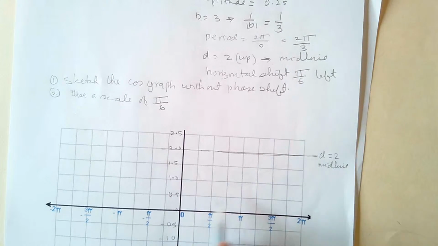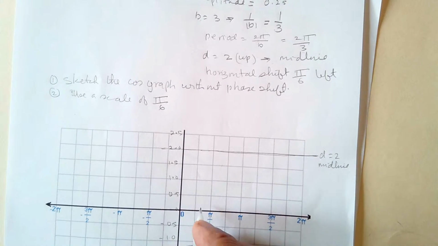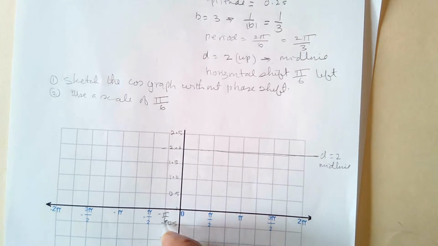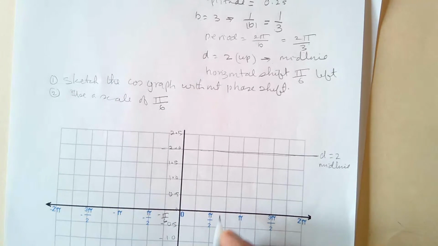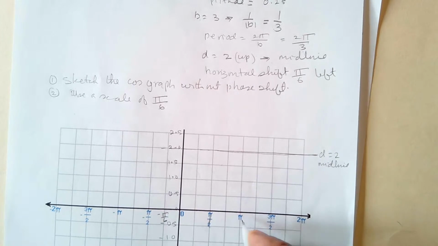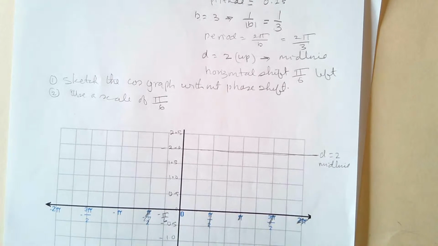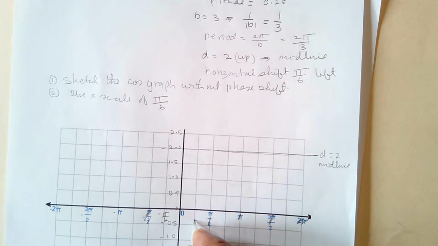So we'll have a neat grid. Let's label this: this is 0, then this becomes negative pi over 6. I'll ignore these values here, as they are not part of the graph anymore. From here, I'll end up with pi over 6.